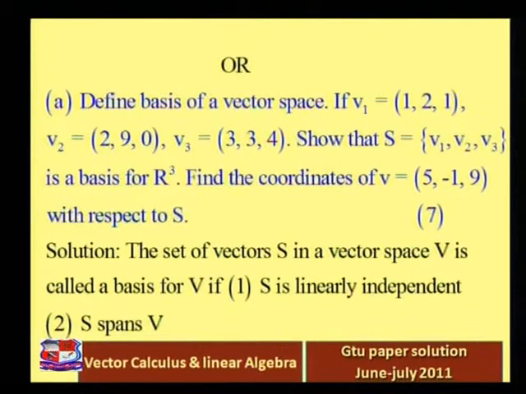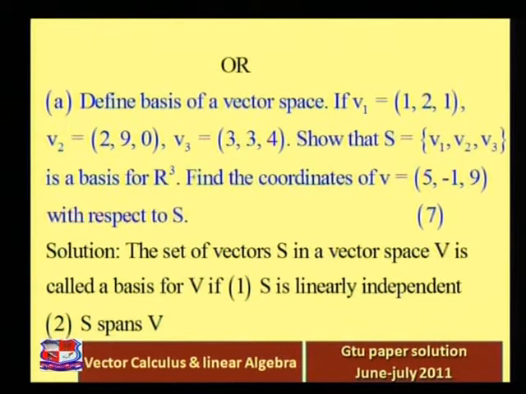The set of vectors S in a vector space V is called a basis for V if, first condition, S is linearly independent, and second condition, S spans V. If these two conditions are satisfied, then we can say that a given set is a basis for a vector space V.